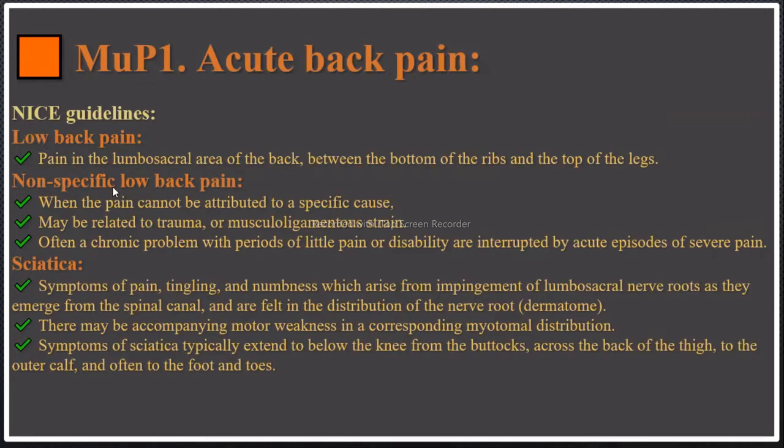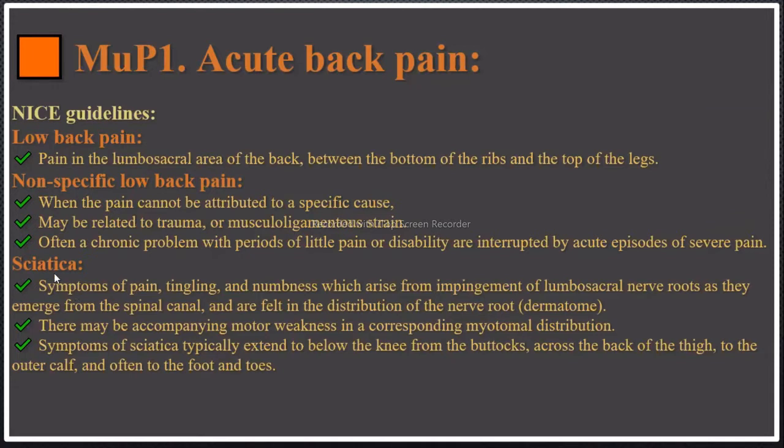Maybe non-specific low back pain, when the pain cannot be attributed to a specific cause, may be related to trauma, musculo-ligamentous strain, periods of little pain or disability interrupted by acute episodes of severe pain. So this is non-specific low back pain.